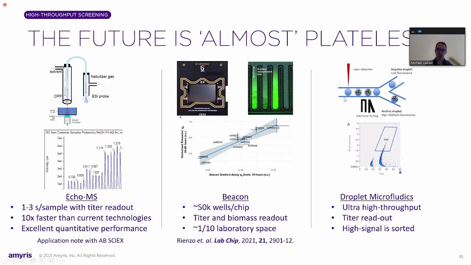And then they're read by lasers and sorted into high and low producers. We're still investigating this. I don't have any data or paper to present yet, but this is something that we're definitely keeping our eye on, and is something that we hope to institute in the next few years at Amyris.